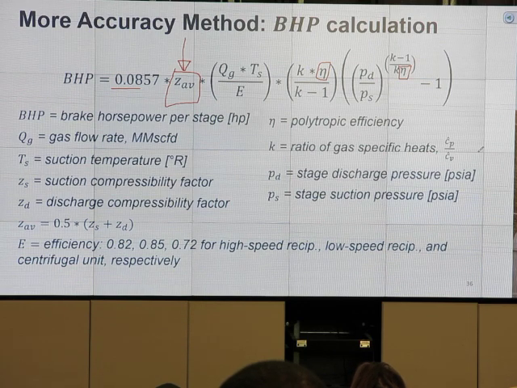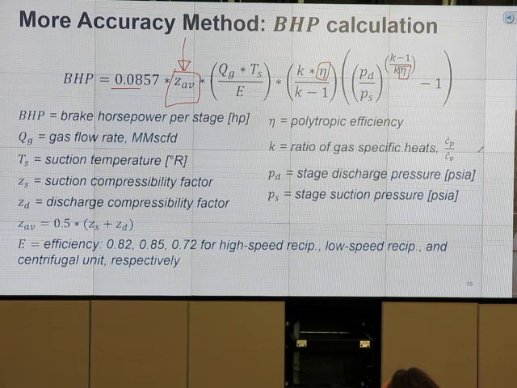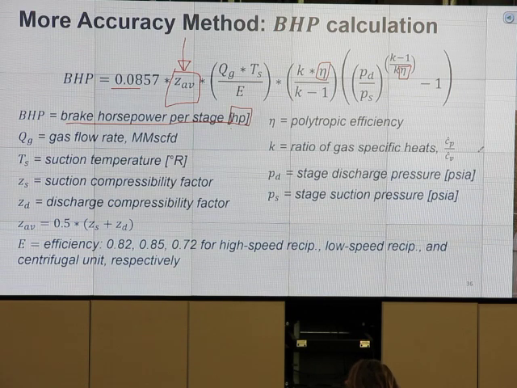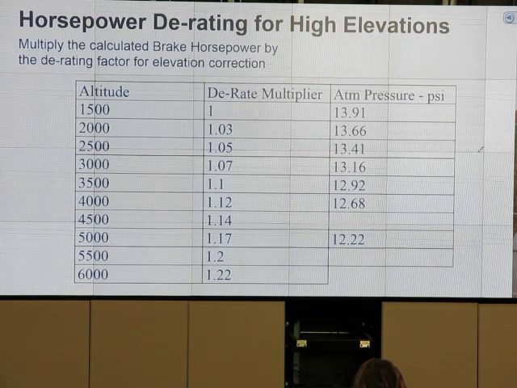So I need to know temperature and pressure of both gas, average them together. I have to open the chart twice, correct? So that makes it difficult. The rest, just plug in the number carefully, then we get brake horsepower per stage in unit of horsepower. After I get brake horsepower per stage, I add them together and then I get total brake horsepower.